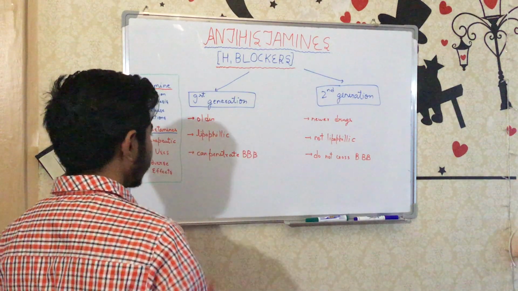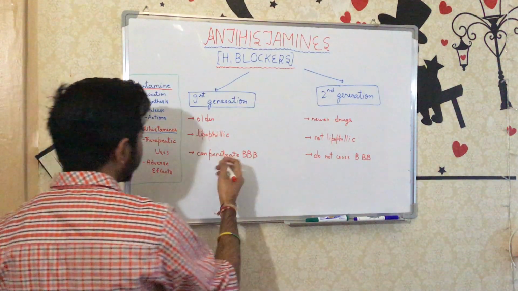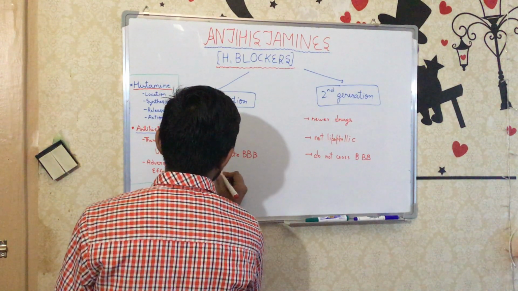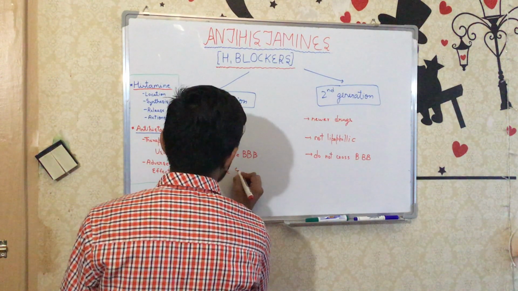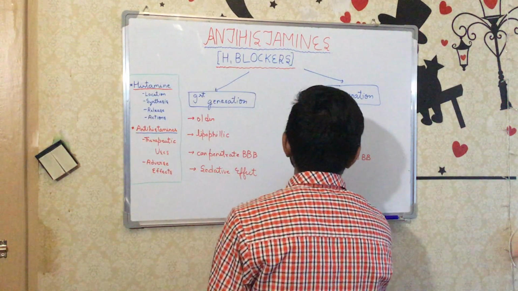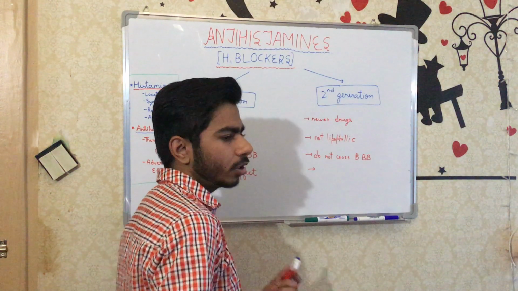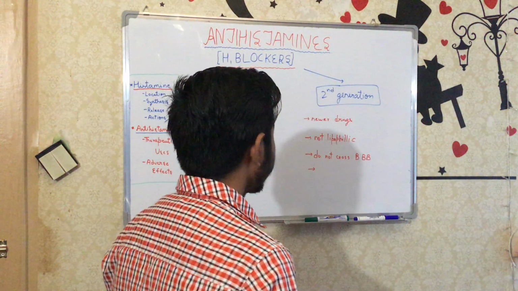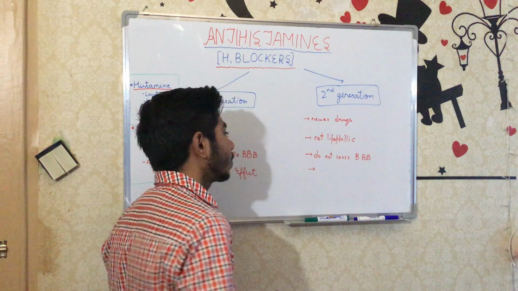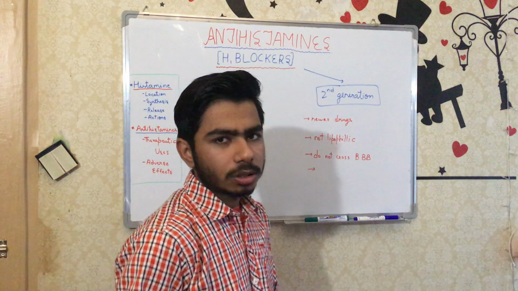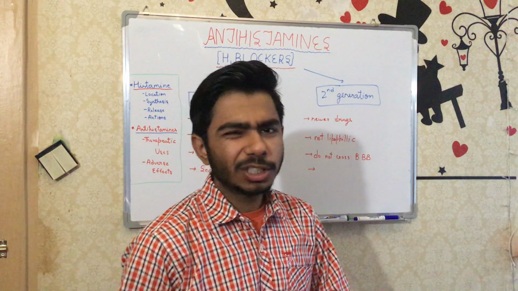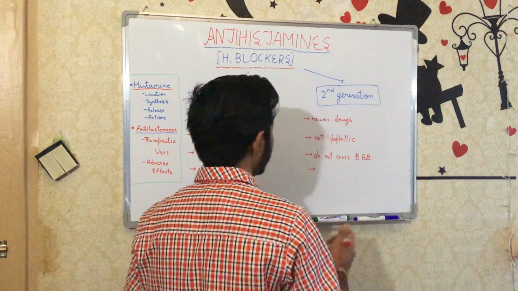Now, as they can cross the blood-brain barrier, first generation drugs can show some sedative effects. And second generation drugs usually do not show sedative effects as they are newer drugs and do not cross the blood-brain barrier. However, some drugs like cetirizine or levocetirizine can show some sedative effects, but usually they do not.